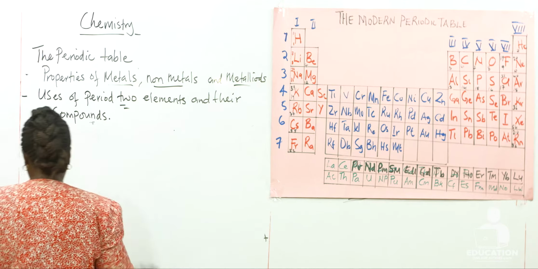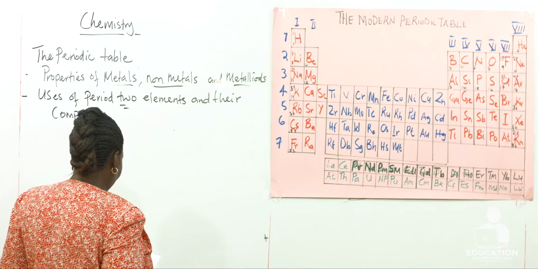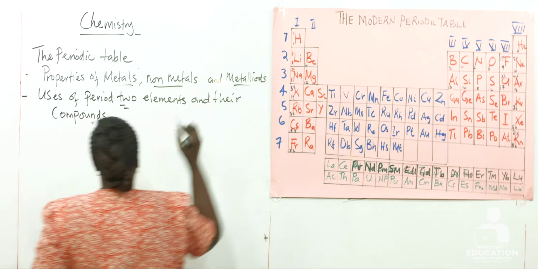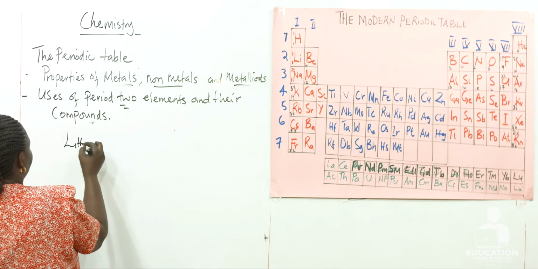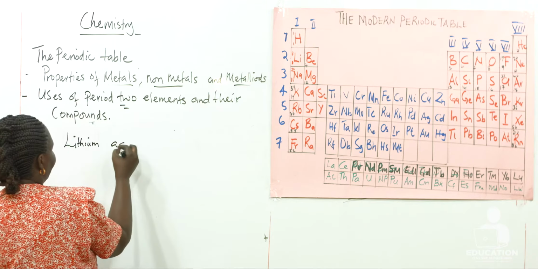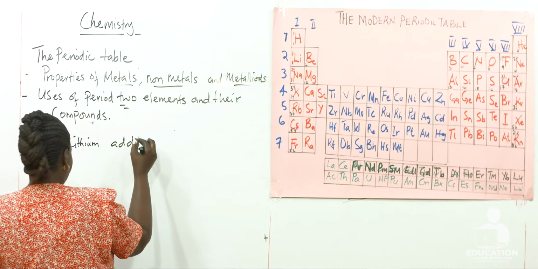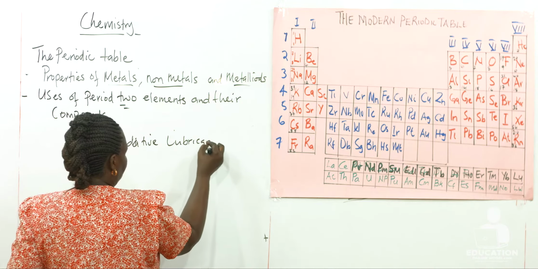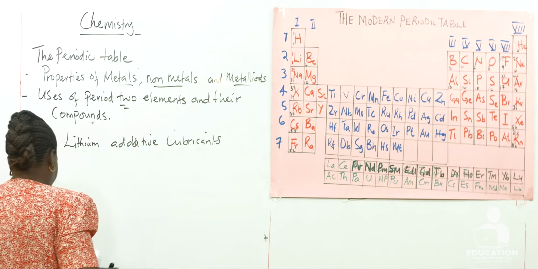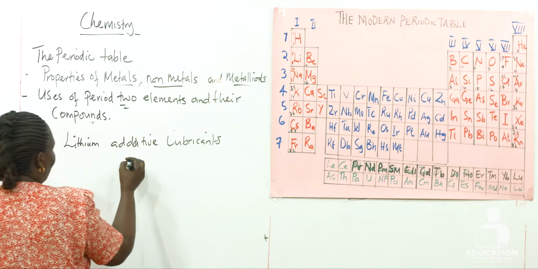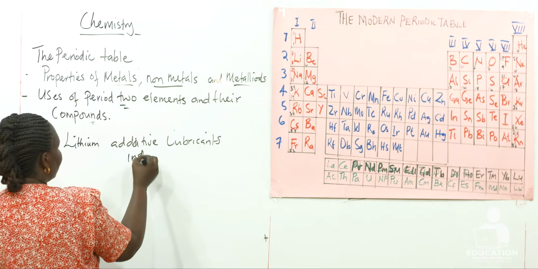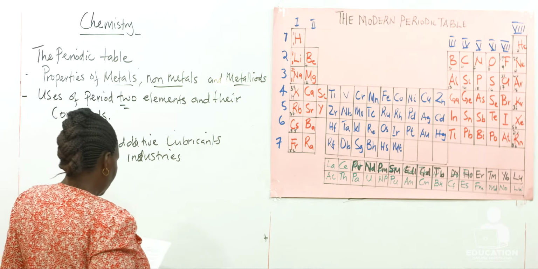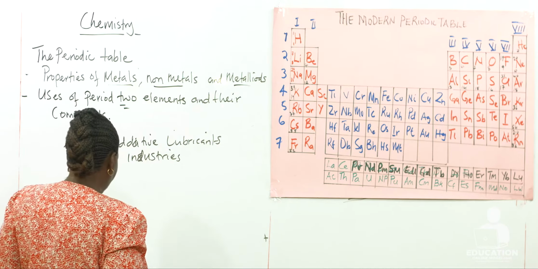Lithium is used as an additive in lubricants in the automobile industry, like lubricating oils. In auto industries, it is used in high voltage and lightweight batteries.